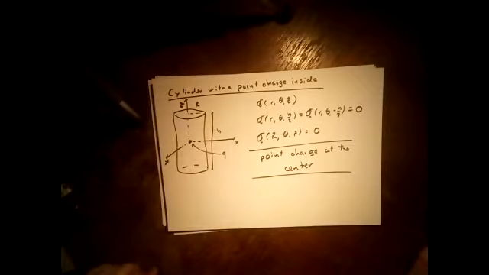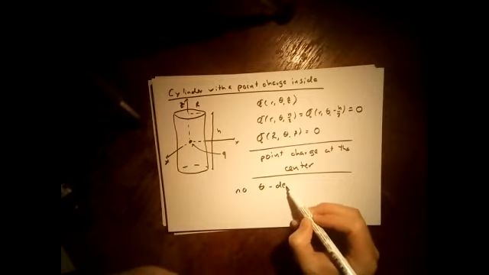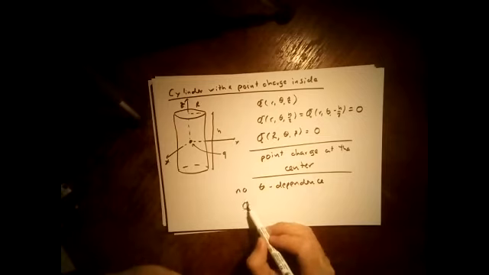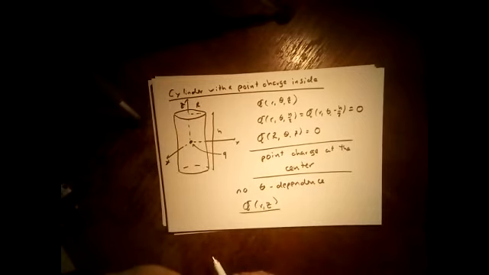First of all, the first thing we notice is that there's no theta dependence. As a result, we expect a potential function which depends on r and z only.